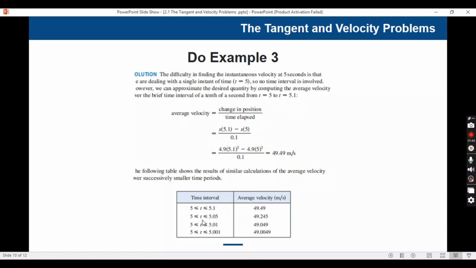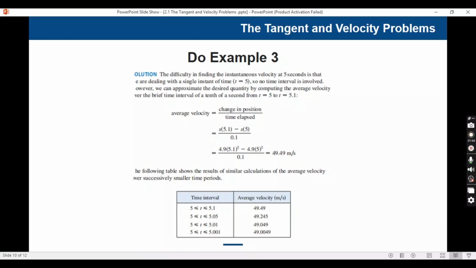And then here it's between 5 and 5.05. Here it's between 5 and 5.01. Then here 5 and 5.001. And you can see that it's becoming more and more precise, right, as we reduce the time interval.